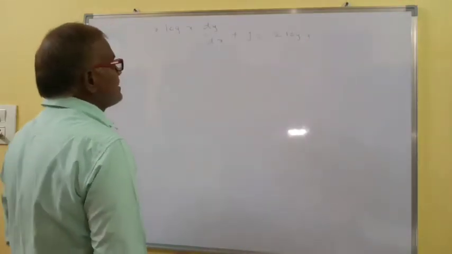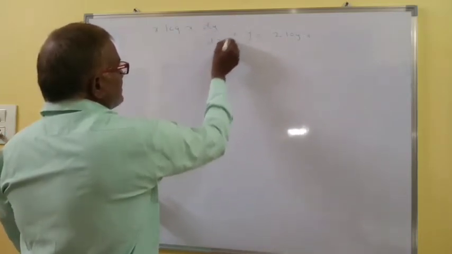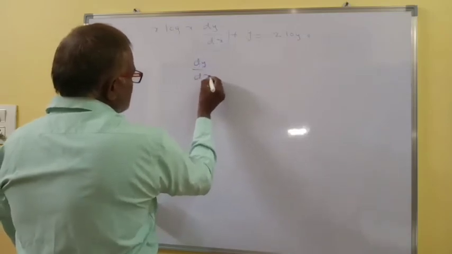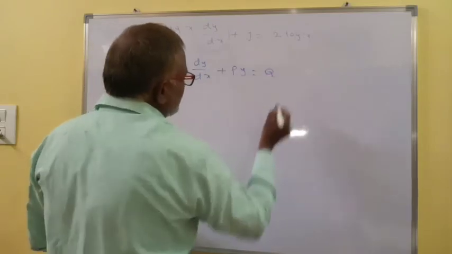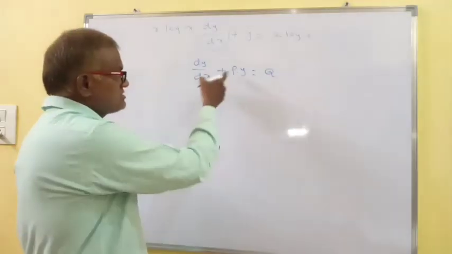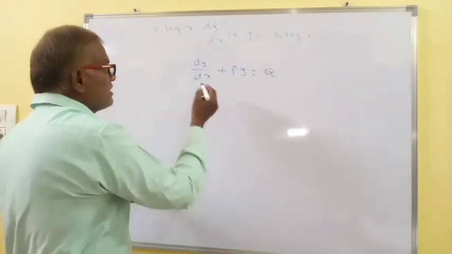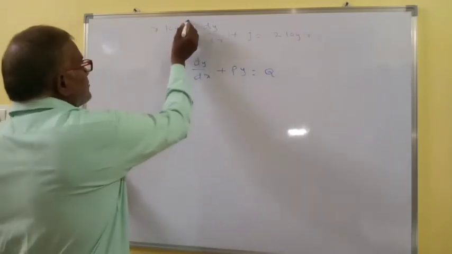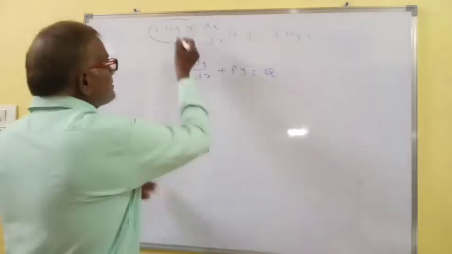That means clearly we have to express the given differential equation as dy/dx + Py = Q. We have to express it in this form because dy/dx is there. That means here P and Q are functions of x only. So what you have to do is simply divide throughout by x log x.